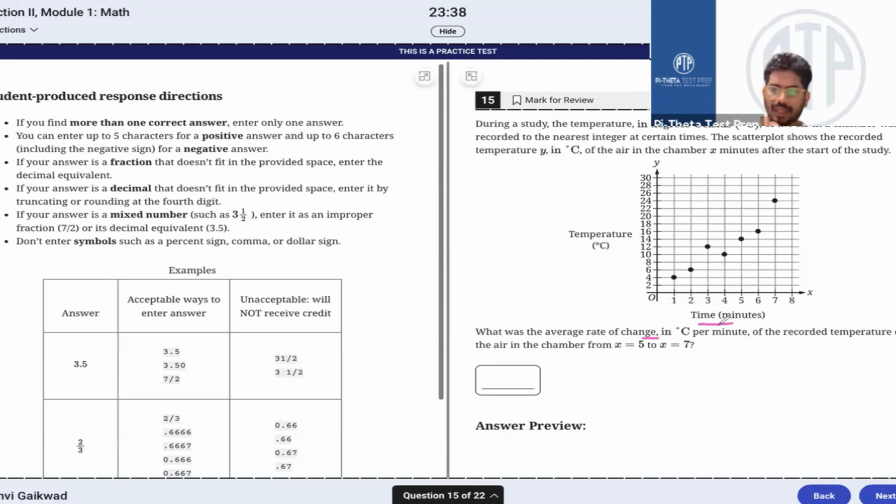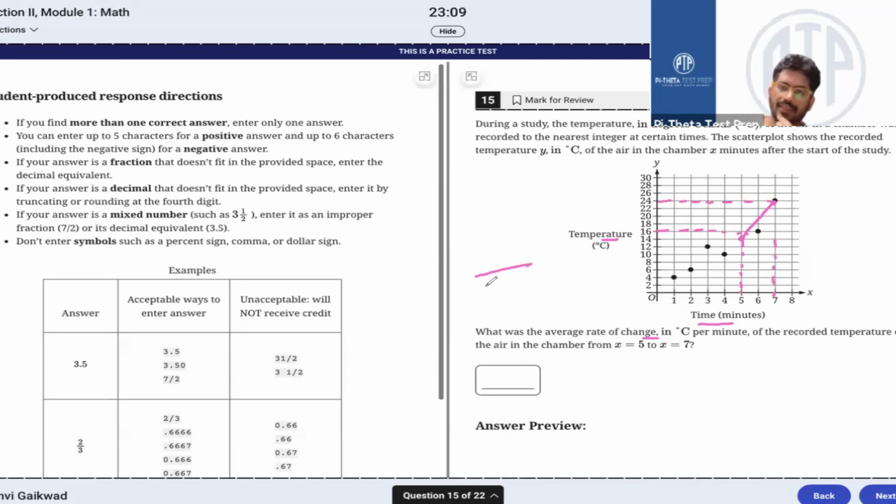Now, this is the time on the x-axis, and there is the recorded temperature of the air in the chamber from x equals 5 to x equals 7. So where is 5 here? 5 is here and 7 is here. So they are talking about this average rate of change, right? Now how to find the average rate of change, that is very important here. This is the change in x, and this will be your change in y, right?